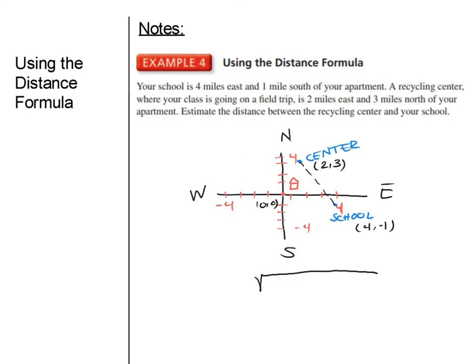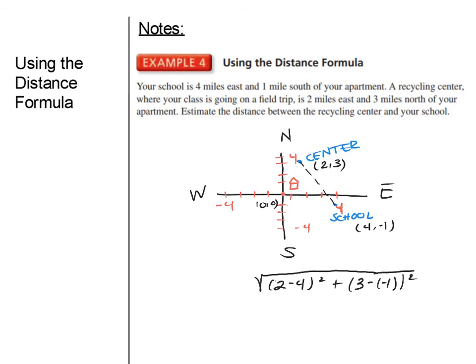It says take your x's and subtract them. So I'm going to take my x's and subtract them, then square it. Then to that, I'm going to add, and then take my y's and subtract them, and square that. Okay, that's the distance formula.